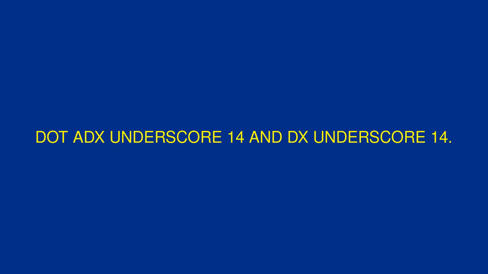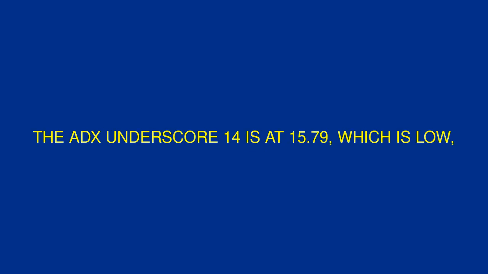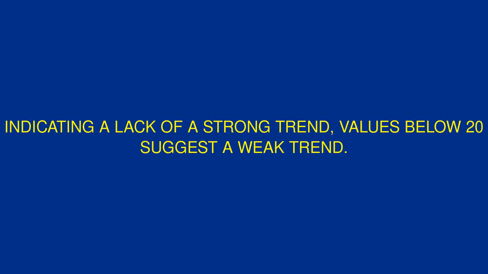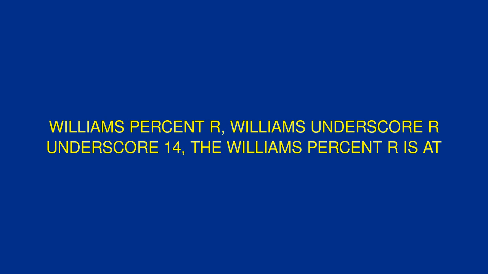ADX_14 and DX_14. The ADX_14 is at 15.79, which is low, indicating a lack of a strong trend. Values below 20 suggest a weak trend. The DX_14 at 8.01 further confirms the absence of directional momentum. Williams %R. Williams_R_14.